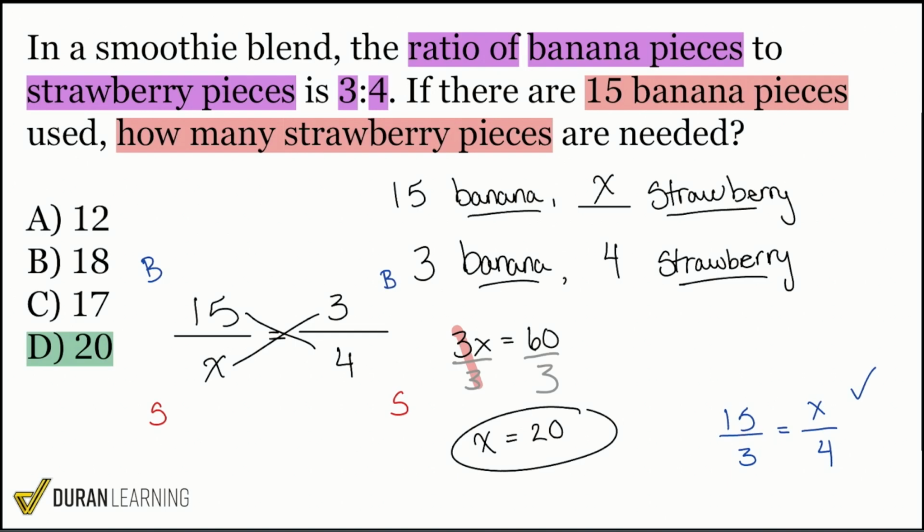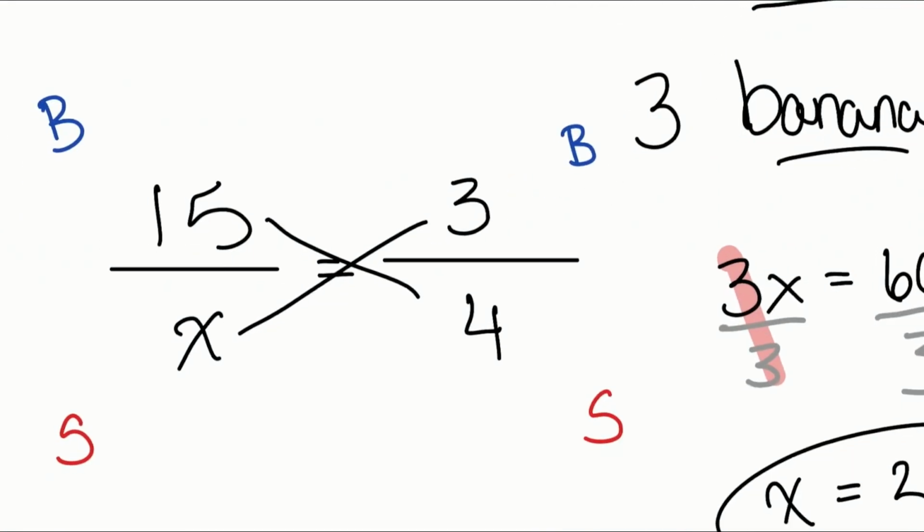20 strawberry pieces. Another way that we can do this, like I said before, is with the comparison technique. We can try to get to the x some way, somehow. The two ways that we can try to do that are going from top to bottom or from right to left. Both ways could work.